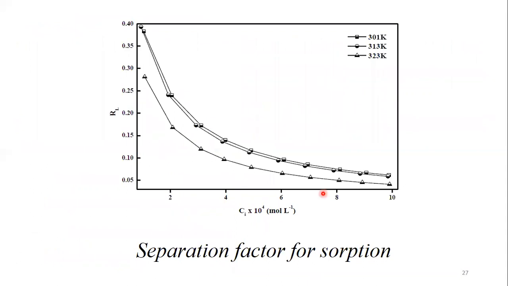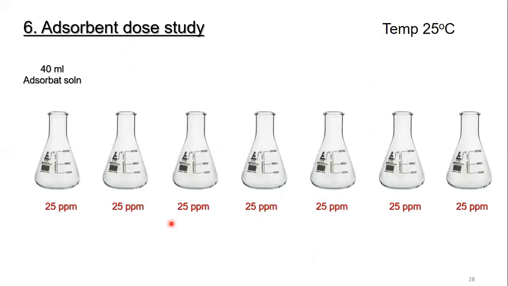When I plotted it, I got this kind of curves at 3 different temperatures: 301, 313 and 323 Kelvin. Regardless of the temperature, the maximum value is 0.4 and the minimum value is 0.05. So the overall range of RL is less than 1, which simply means that it is a favorable process. If it crosses 1, then it is an unfavorable condition.